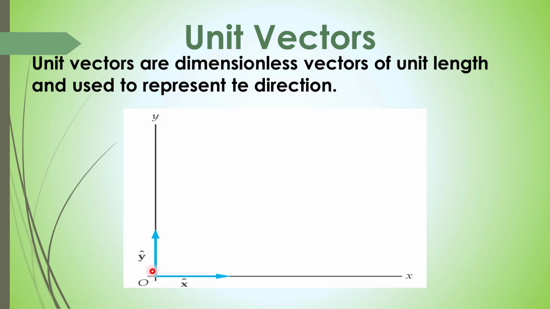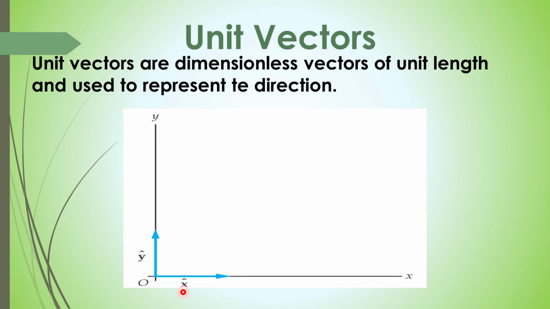The unit vector of the x-axis is written as a small x with a hat, a cap on it. This x hat is the unit vector along the x-axis, and its magnitude is 1, just 1 without any unit, because it is dimensionless.